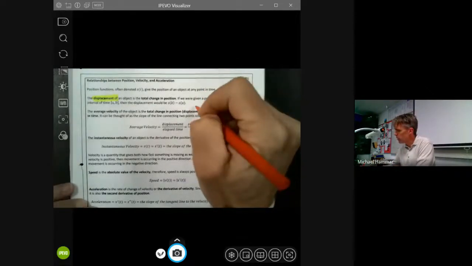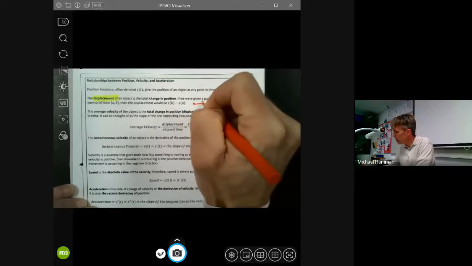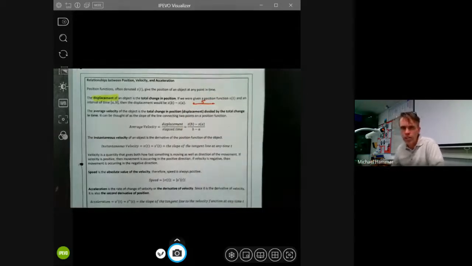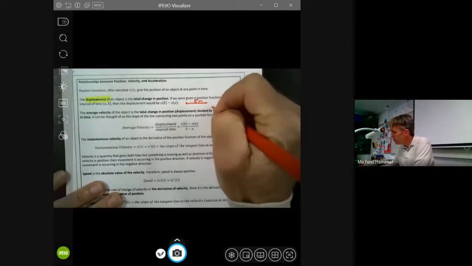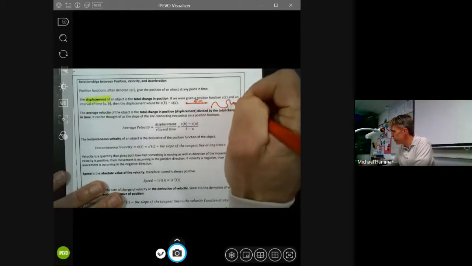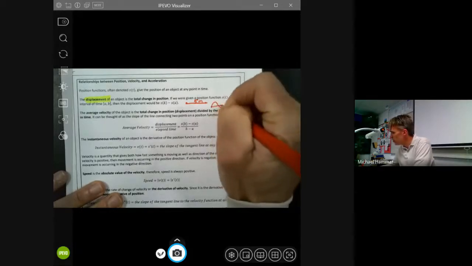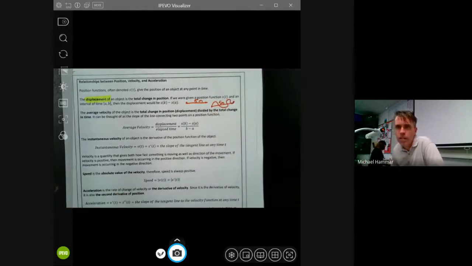For example, if you drew a straight line and you were 5 meters apart, your displacement is 5 meters. If you went on a weird curvy path and still ended up 5 meters apart, your displacement is 5 meters. So it doesn't matter what path you take; it just matters where you start and where you finish.